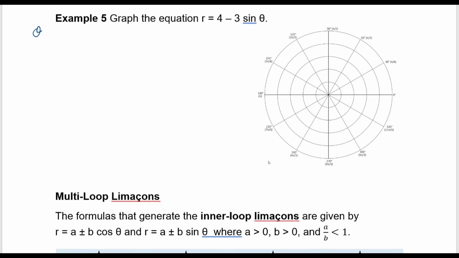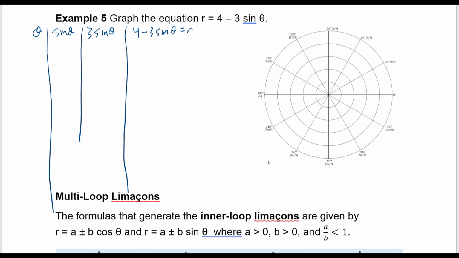Theta. Then we'll do sine theta. Then we'll do 3 sine theta. Then we'll do 4 minus 3 sine theta, which is our r, of course. Okay. So this one, we're going to probably need to go the whole way to 2 pi.